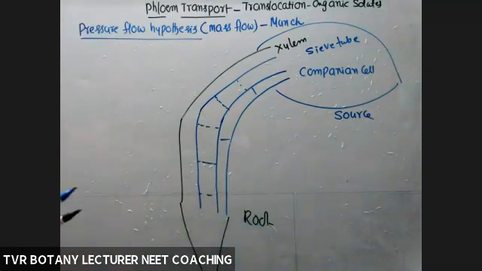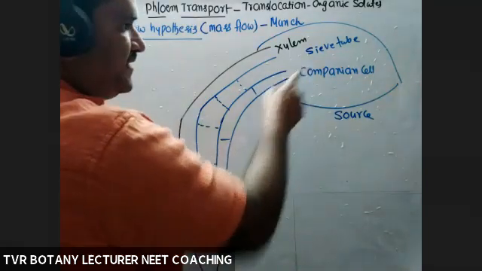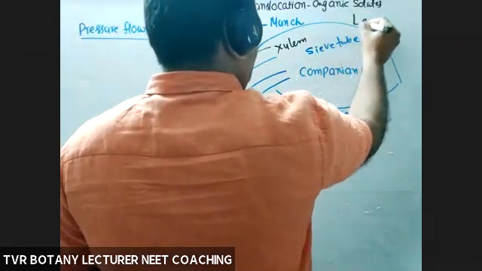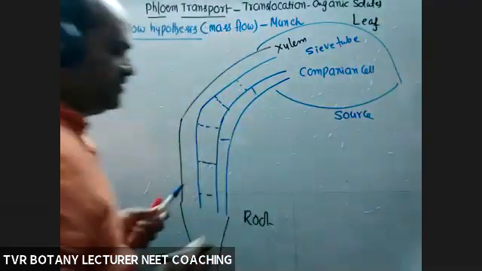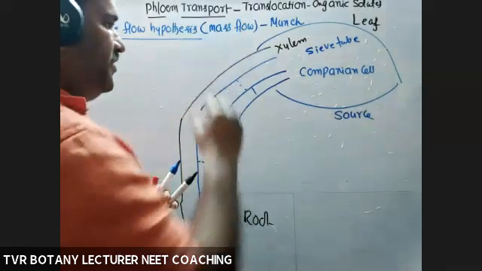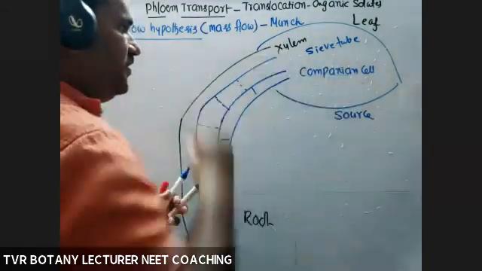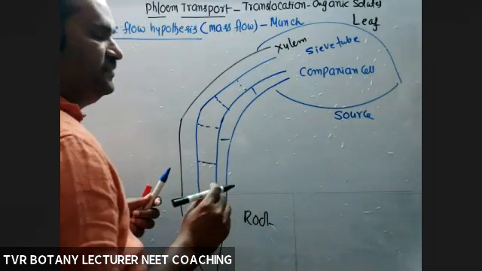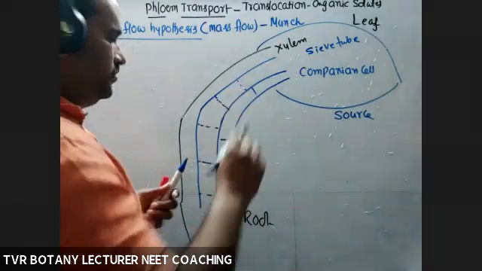Okay, right? So in the presence of light, the leaf is able to manufacture or synthesize carbohydrates. Carbohydrates are produced. Glucose is produced. For transportation, that glucose must be converted into sucrose.